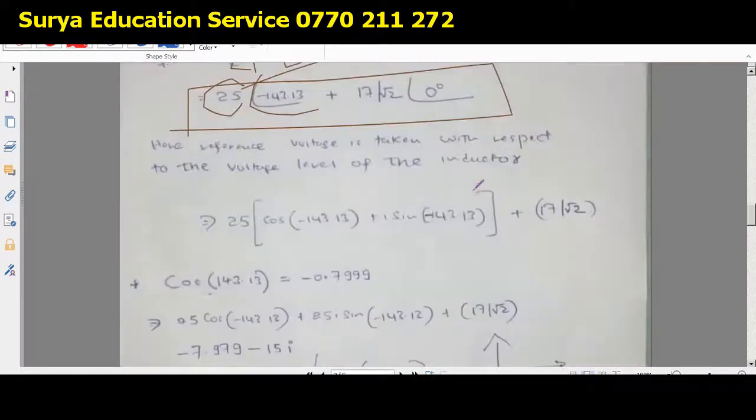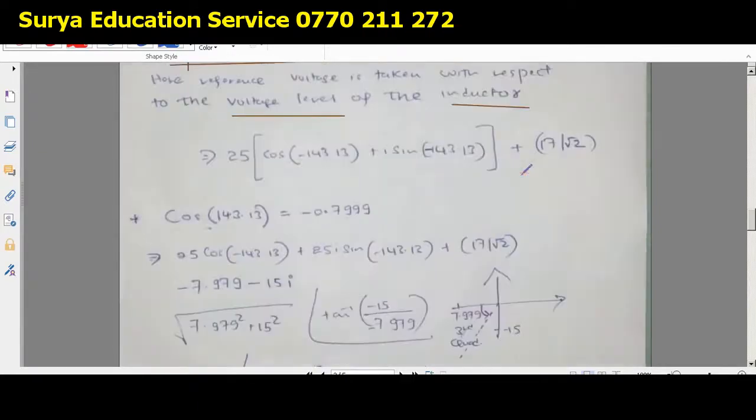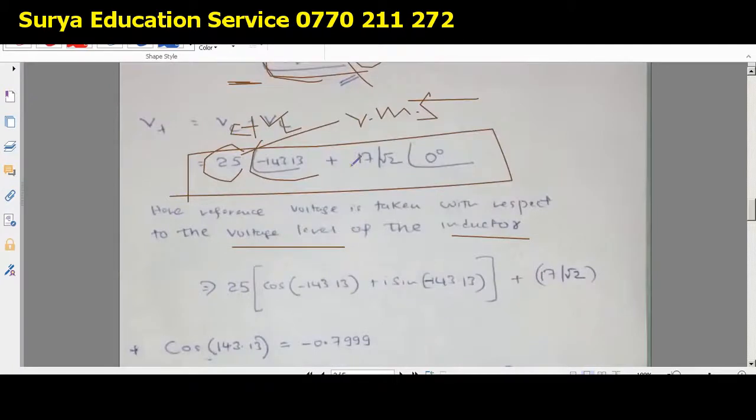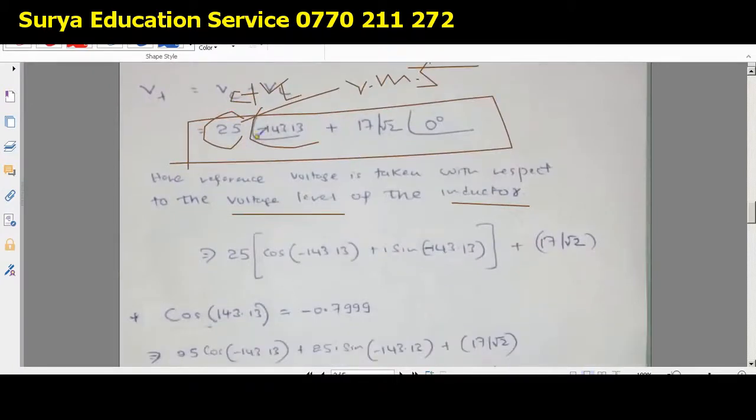So now the reference voltage is taken with respect to the voltage level of the inductor. So that is done. Now again we need that complex number theory, right? Because now you know this is 25 at angle minus 143.13, and here 17 divided by root 2 at 0 degrees.